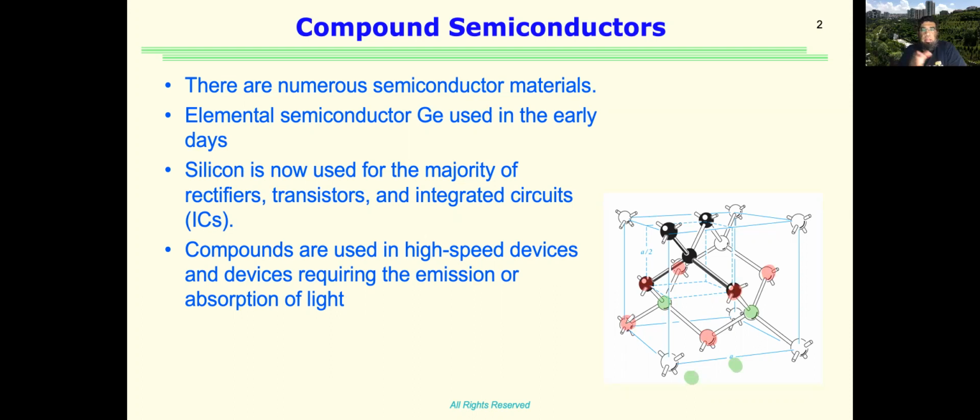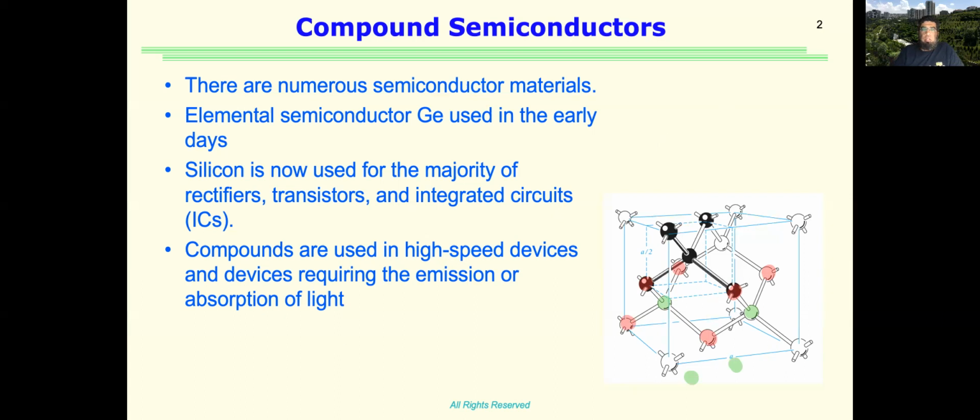So the compounds have their own order of things, where they use the same structure, but the placement is such that one group will be connected to 4 atoms from the other group. So 3 goes with 5, 2 goes with 6.